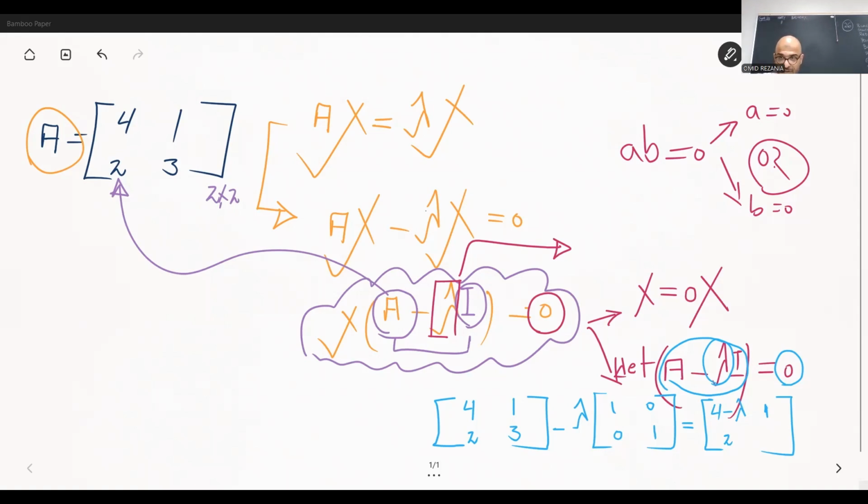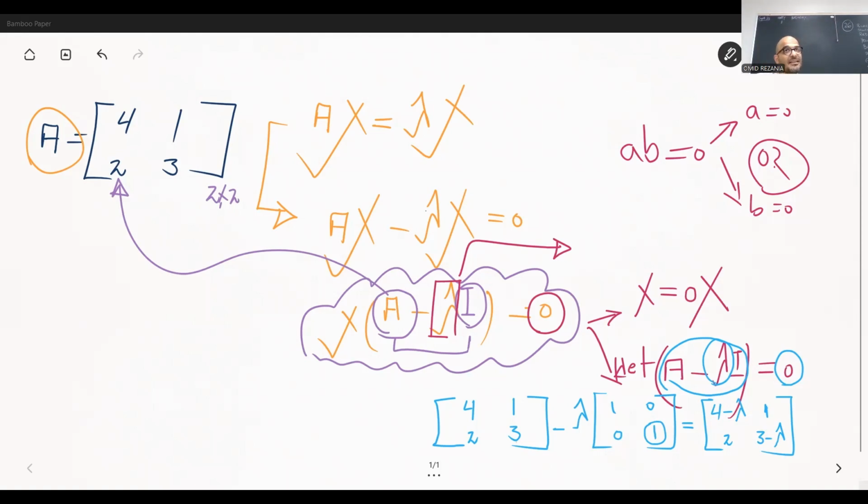Then you have 3 minus lambda, because lambda first multiplies by 1 here. Then you have 3 minus lambda. Then you have this matrix over there. So far, so good, everyone?